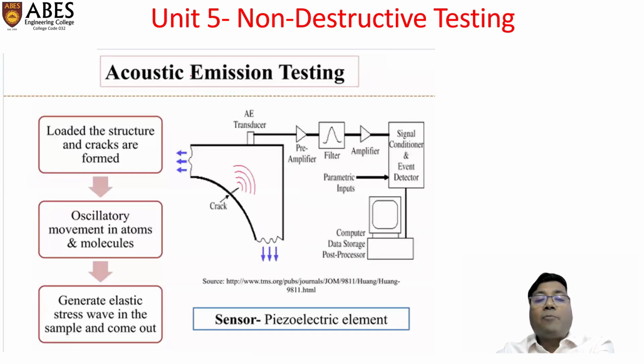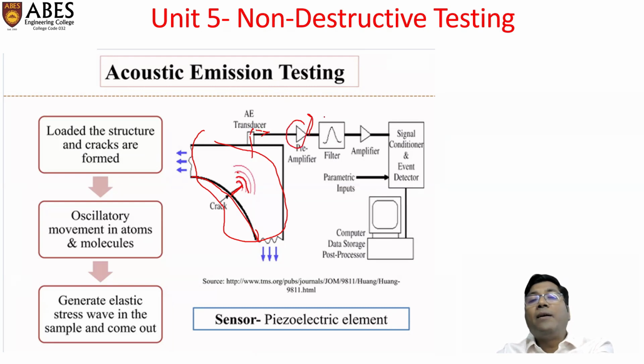So a typical setup of acoustic emission testing is like that. Suppose this material, if a crack happens here, it will emit a natural acoustic emission. This is sensed by the transducer. This signal is received by the transducer, and goes to the pre-amplifier.